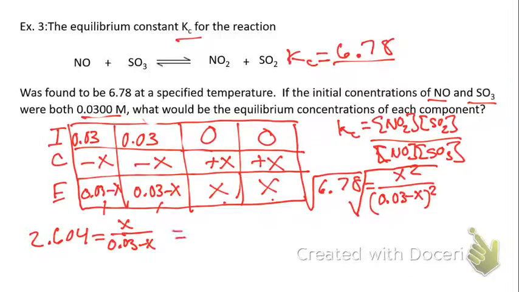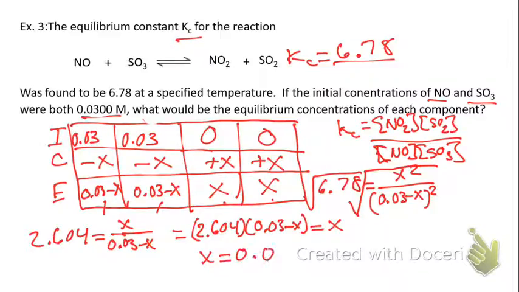At this point we can take 2.604 and multiply it by 0.03 minus x, which equals x. From here all you have to do is use the distributive property and collect like terms, and we should end up getting an x value of 0.0217.